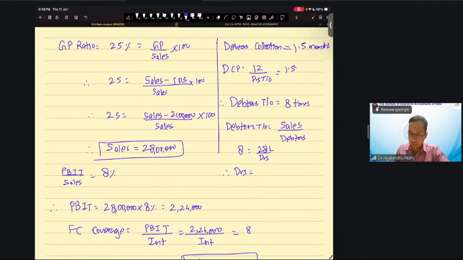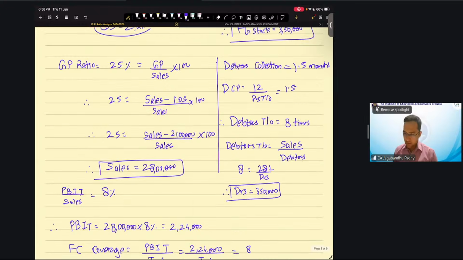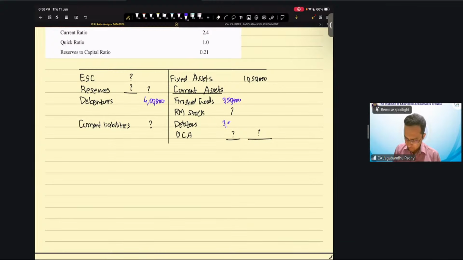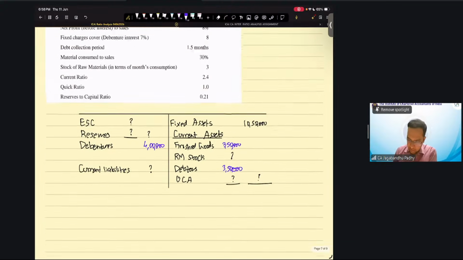What is the value of debtors, everyone? 28 lakhs divided by 8, which is 3,50,000. Perfect. So we get the value of debtors as 3,50,000.